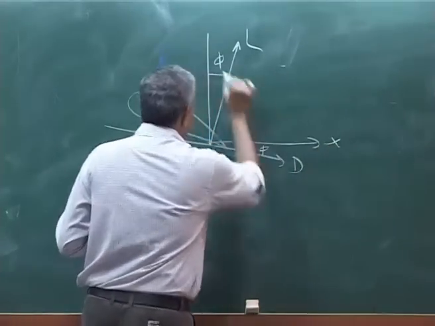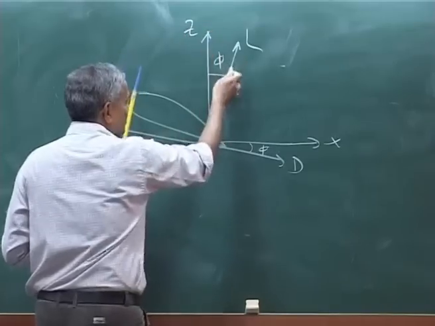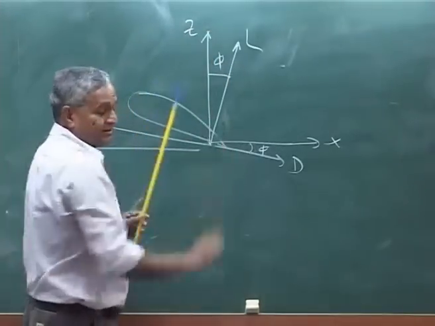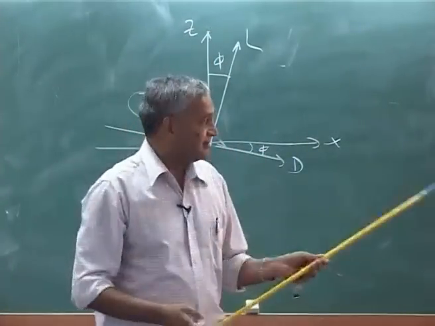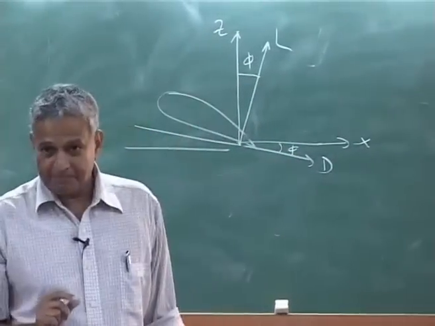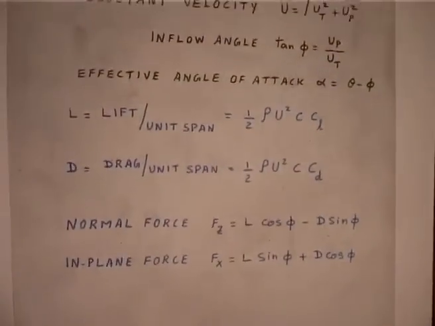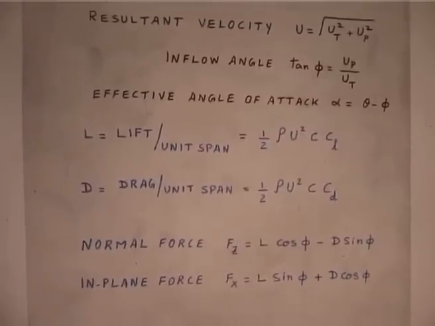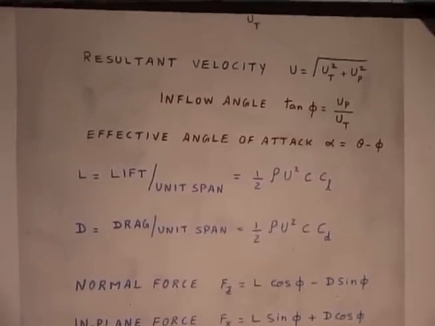This is we said x, this is we said z. So, L cos phi minus D sin phi. So, I must take drag also into account. And then in-plane force is L sin phi plus D cos phi.